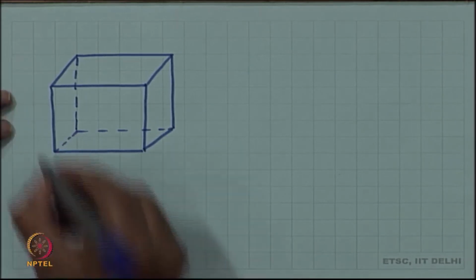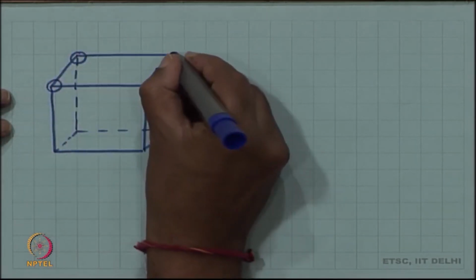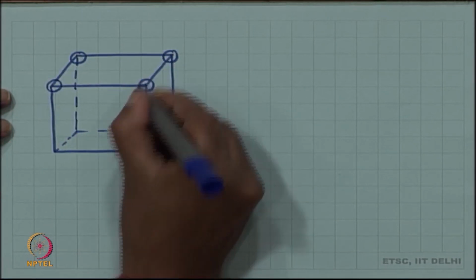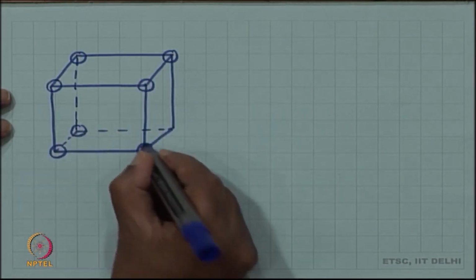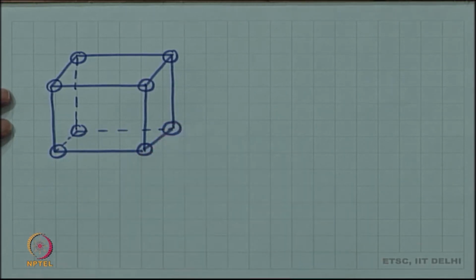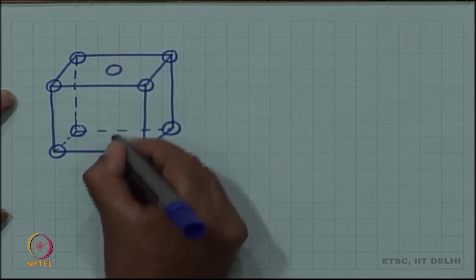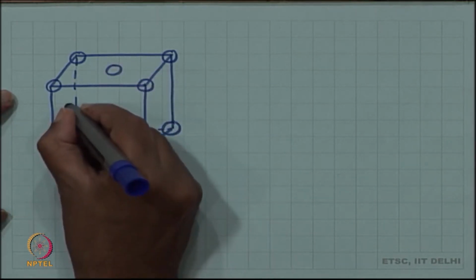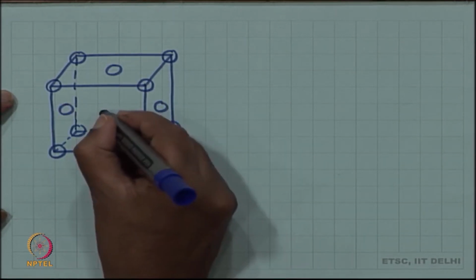In the face centered cubic material, atoms are at the corners and all the face centers.